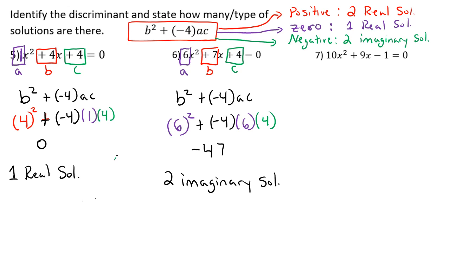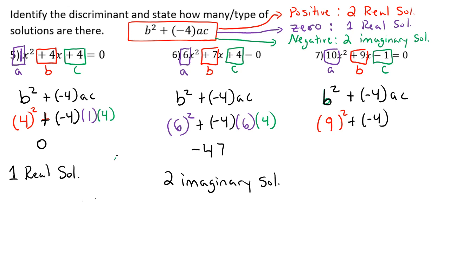Number 7. The number in front of x squared is 10, so that's our a. The number in front of x is 9, so that's our b. And negative 1 is going to be our c. Using our formula, we have 9 squared.